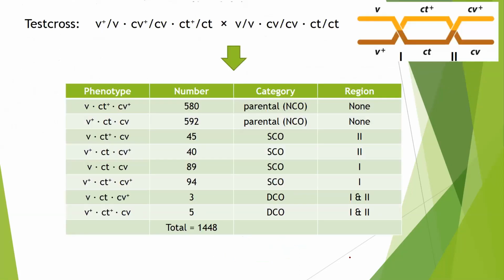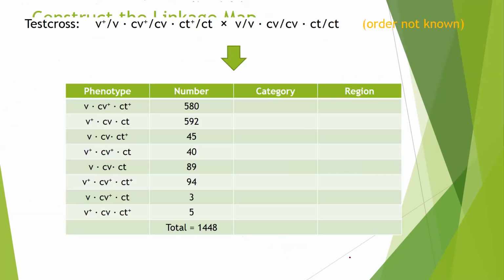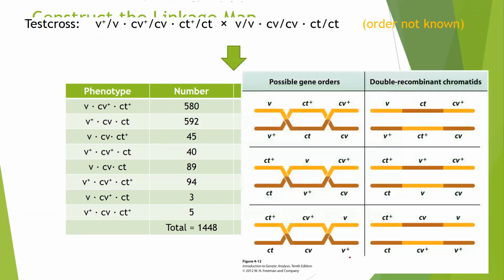All right, so during the exam, I may give you a question like this. It will be helpful for you to use this table to summarize this cross. The first step is always like this.